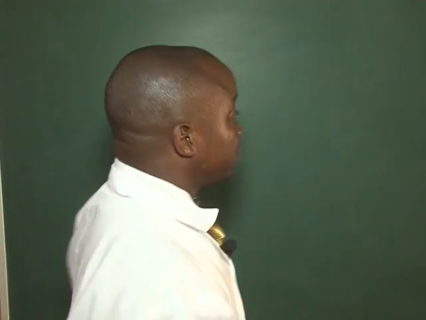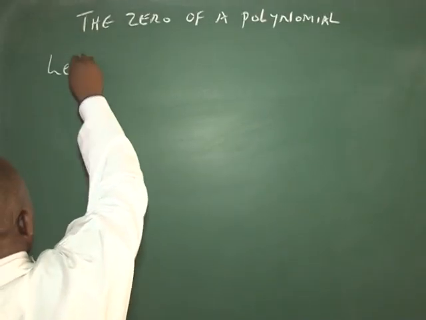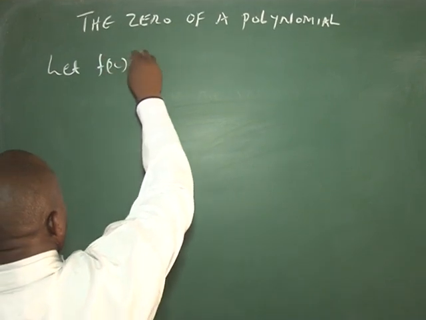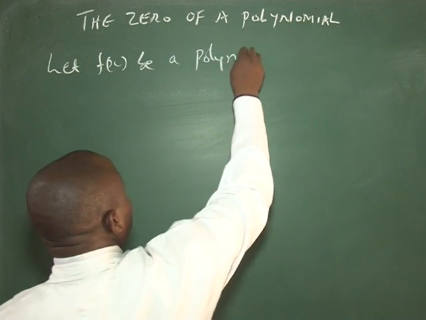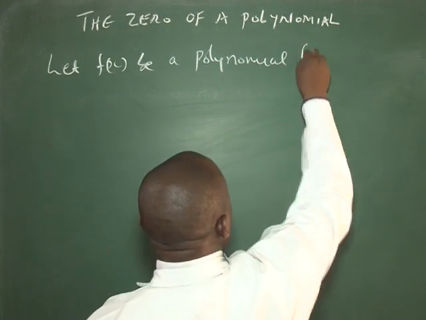We are looking at the zero of a polynomial. Let f of x be a polynomial function.